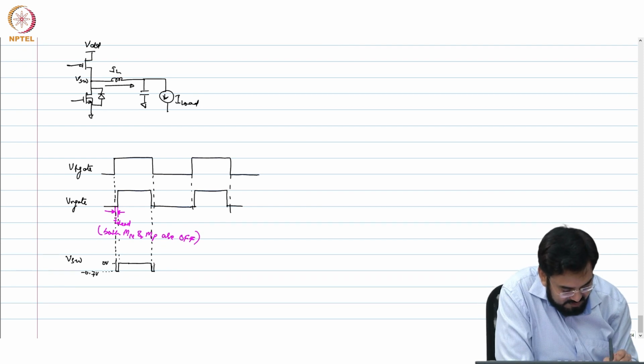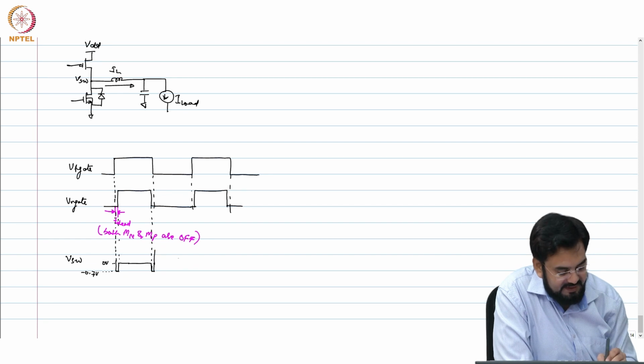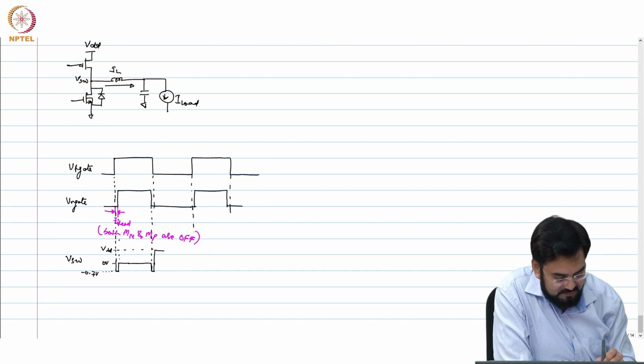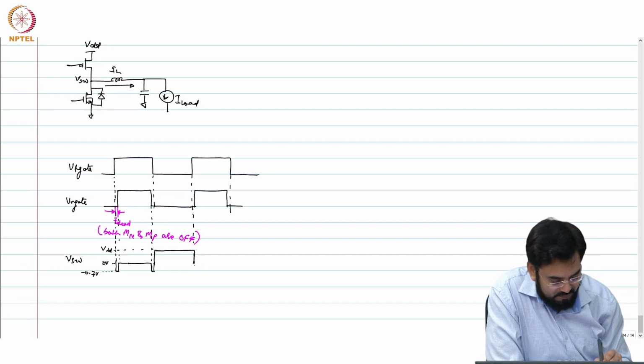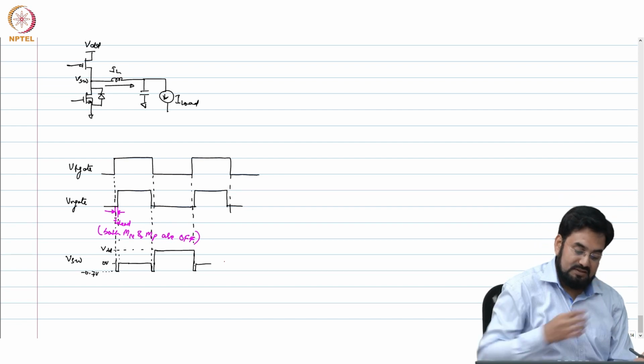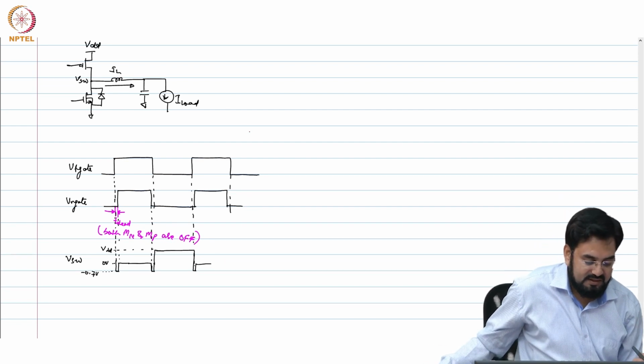PMOS is turning on, so it should go to VDD. Correct? Then same thing. Okay. So how will the inductor current look like?